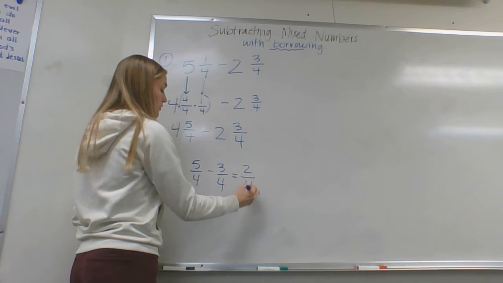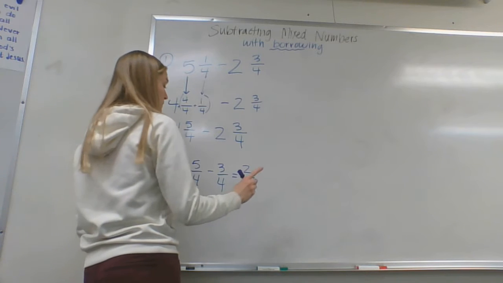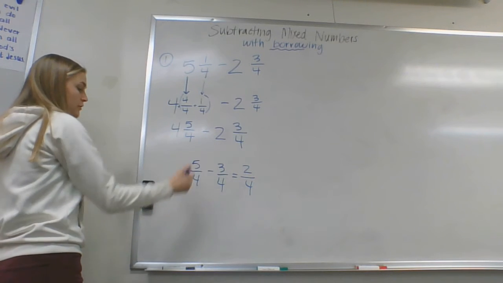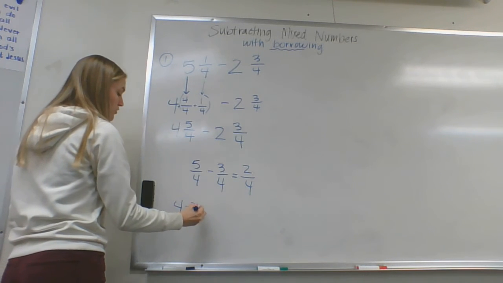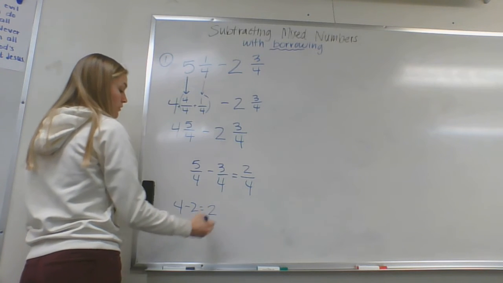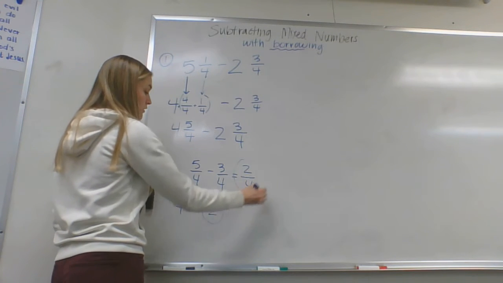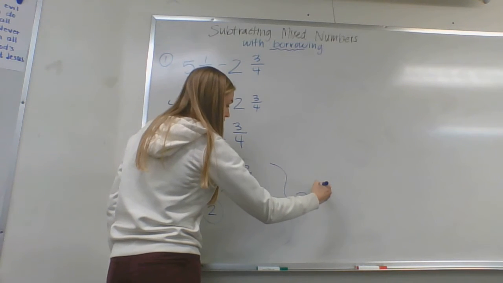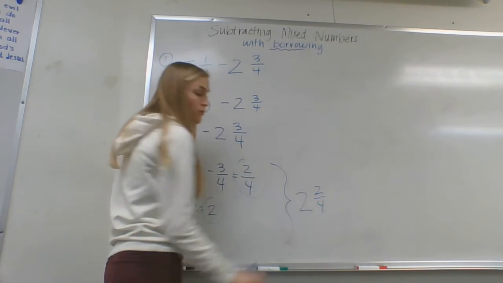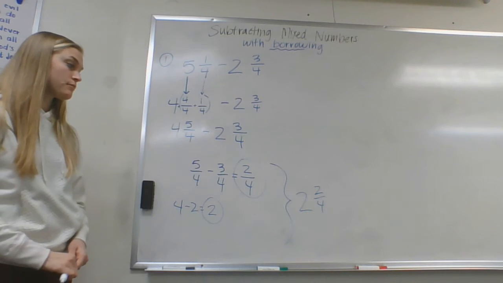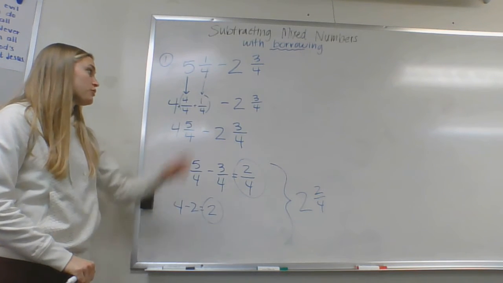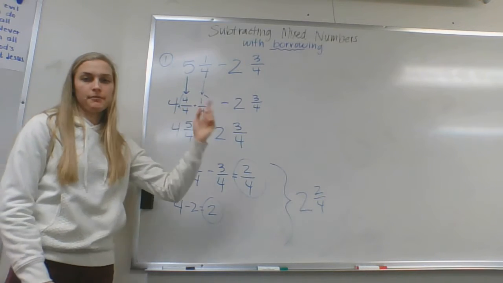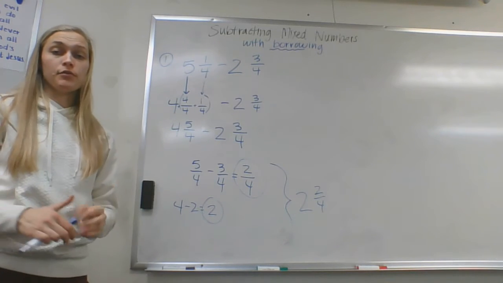Keep your 4, so 2/4. Okay, first step done. Now we need to subtract our whole numbers. We have 4 minus 2, and that gives us 2. If we put them together, we're going to get 2 2/4, or 2.5. Okay? So the trickiest part is renaming probably that 5 to get 4 4/4.